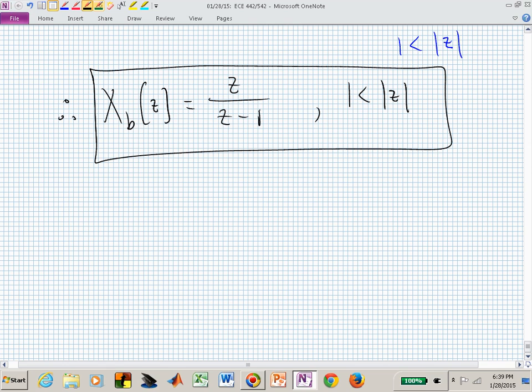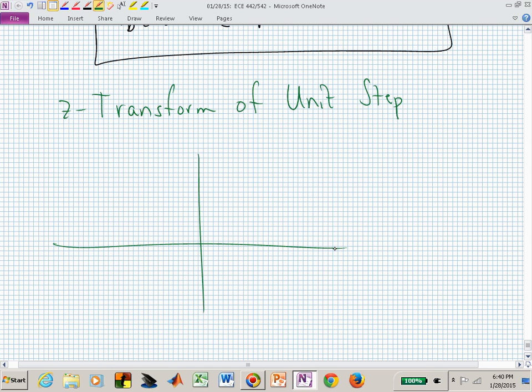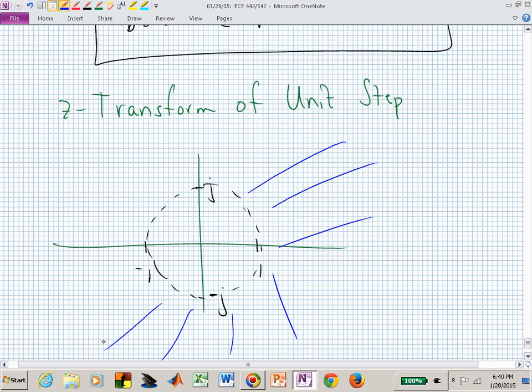And we actually have a picture for that. The z transform of a unit step is z over z minus 1, and it's true as long as z is bigger, or lies outside the unit circle.